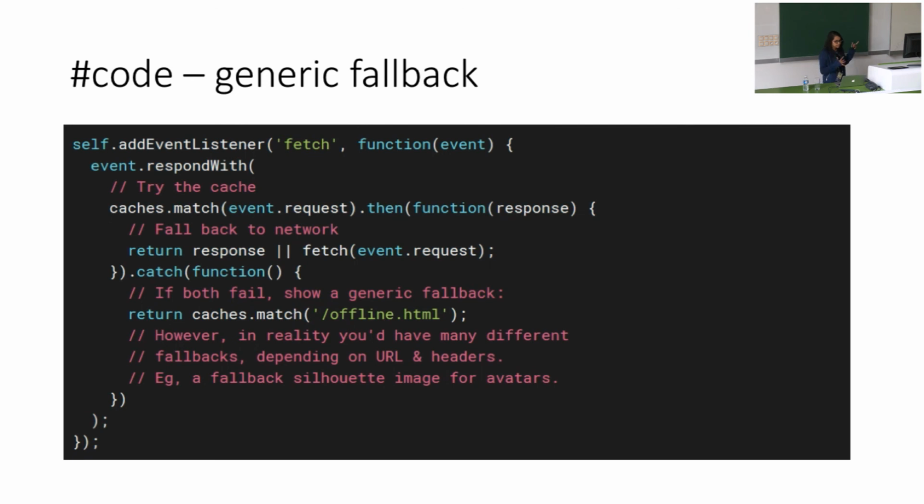This is basically achieved by adding an event listener to the event called fetch. A service worker receives a fetch event for every HTTP request made by the browser. So you can add a listener to it, and then you can respond by first trying the cache. If you find a match in the cache, well and good.